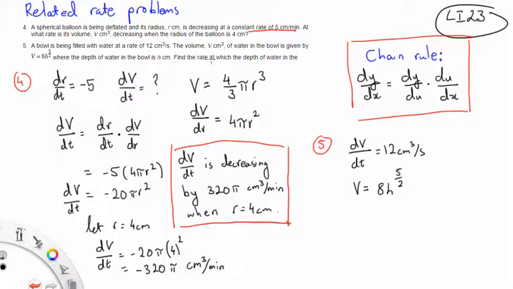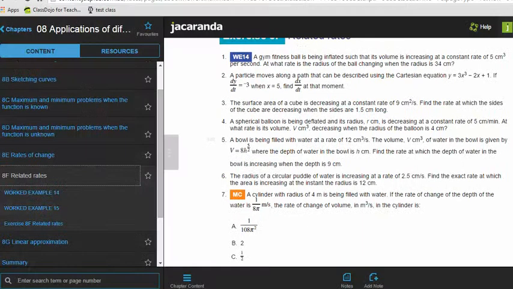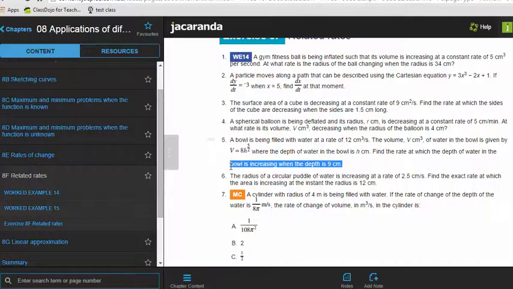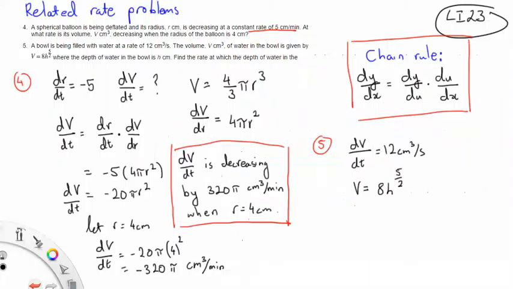Find the rate at which the depth of water in the... Whoops, I've cut off half the question. Find the rate at which the depth of water in the bowl is increasing when the depth is 9 centimeters.